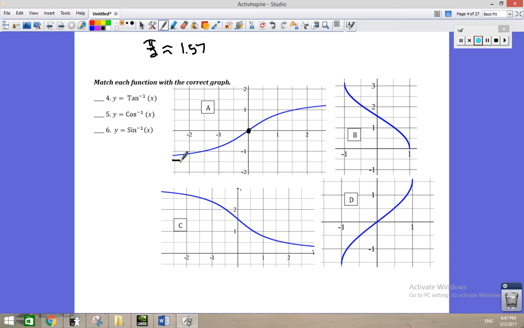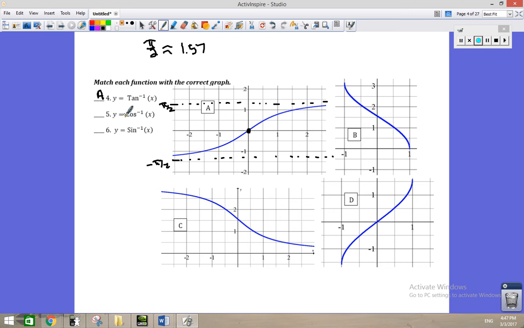So from here to here, this is a horizontal asymptote, and so is this. This inverse tangent is approximately -pi/2 and +pi/2. Well, it'd actually be a little bit higher, 1.57, but it's got to be graph A.